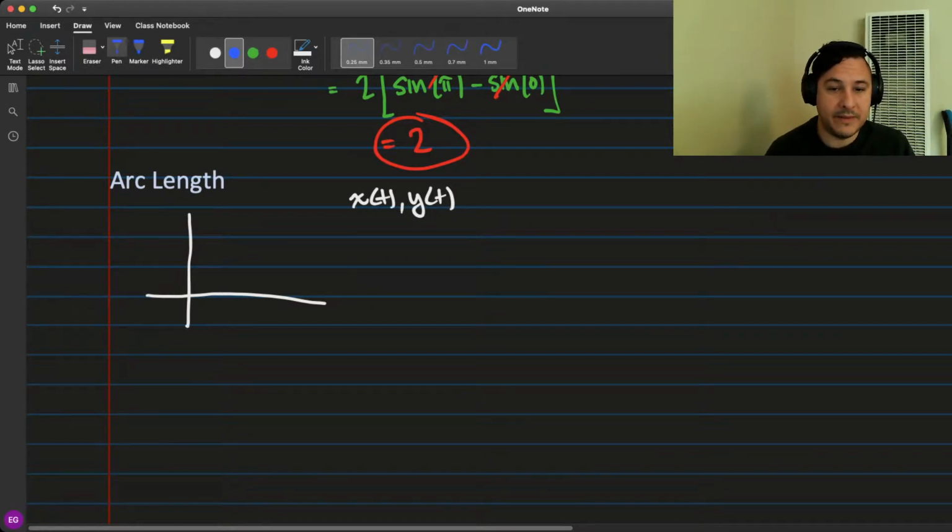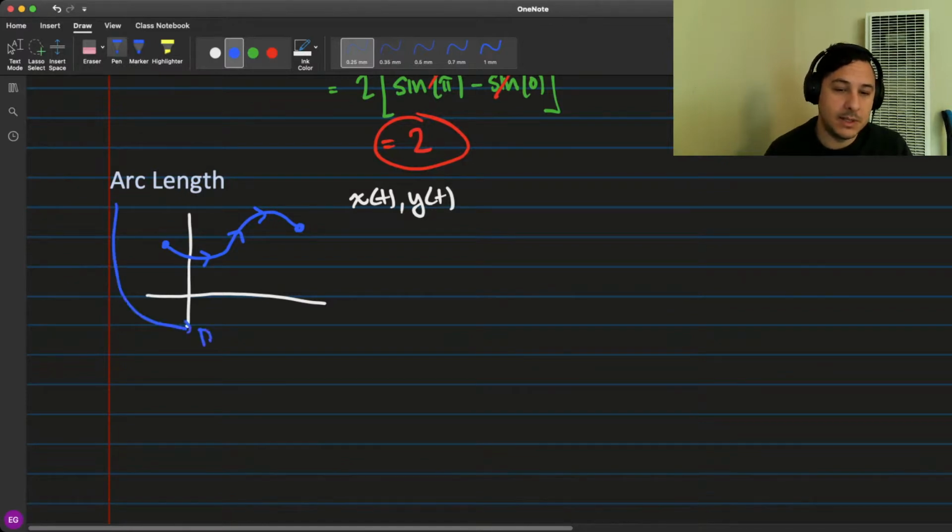And let's say the graph looks like this. You start right here and you move along like this. So let's put the little arrows. Let's say that you want to find the distance traveled between the starting point and ending point. That's what we mean by arc length.